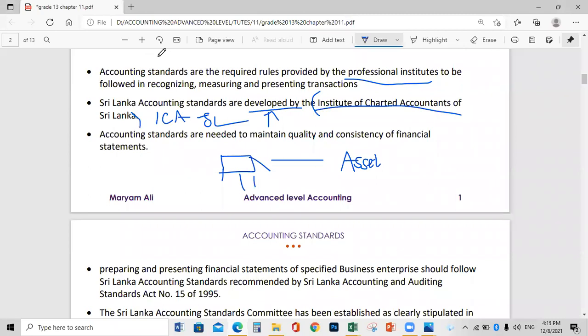Okay, so guys, accounting standards are needed to maintain quality and consistency of financial statements. Why do you need accounting standards? Because it helps to maintain quality and consistency. Because of this, if you have, for example, company A, company B, company C, company D, every company has to follow the standards.